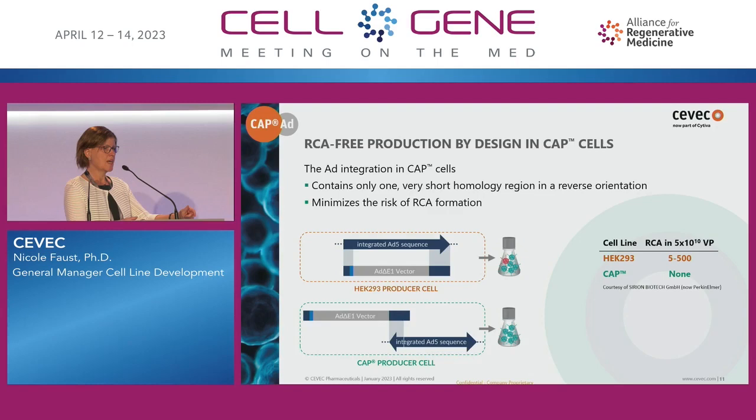And this fragment has overlapping sequences with the adenoviral vector. So if you have an E1 deleted adenoviral vector, for example, you can, in rare instances, have homologous recombination between the vector and the Ad genome in the HEK cells, leading to RCA.